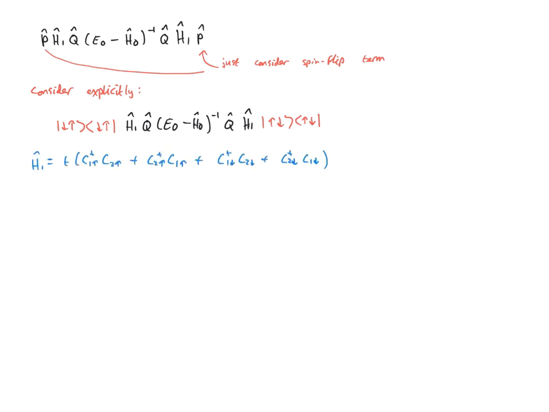Here it is written out in full for this 2-site system. We have the tunnelling of an upspin electron either way from 1 to 2 or 2 to 1, and the tunnelling of a downspin electron from 1 to 2 or 2 to 1. And so if I apply H1 to the state up, down, then I get 2 contributions, t lots of the 0, 2 state, plus t lots of the 2, 0 state.